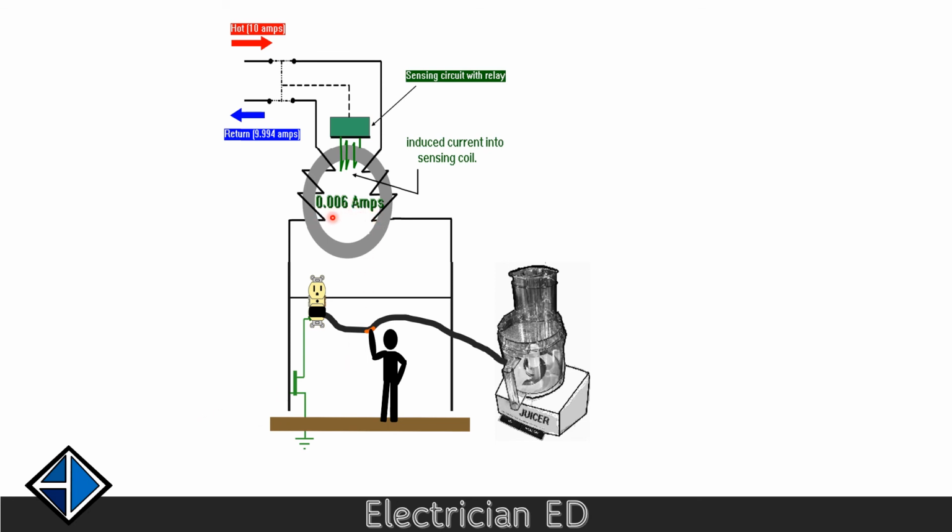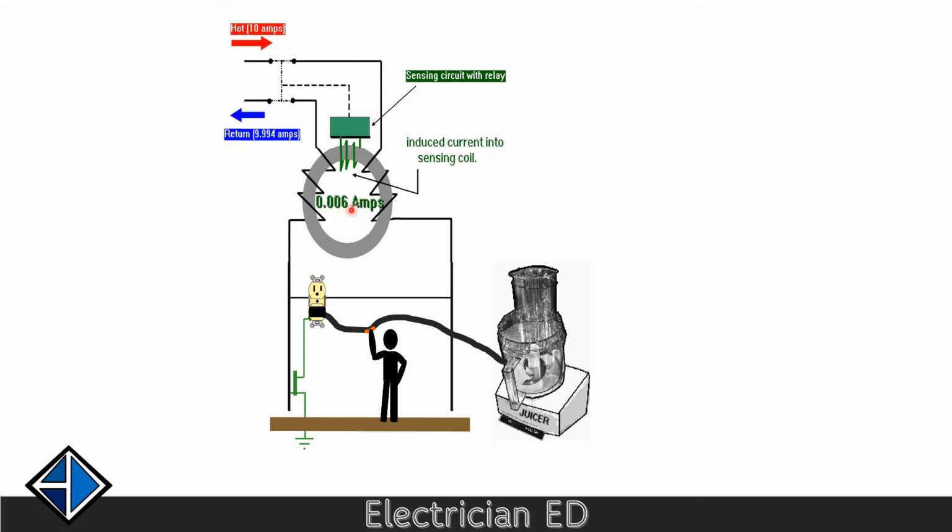That imbalance may only be 6 milliamps or less. And this would be small enough that we might not ever feel that. And also it's small enough, the magnitude, that this time curve kicks in. It might take up to 6 seconds before this trips.